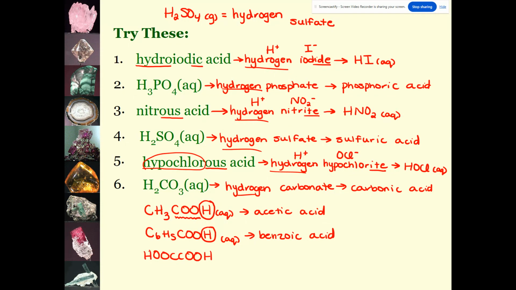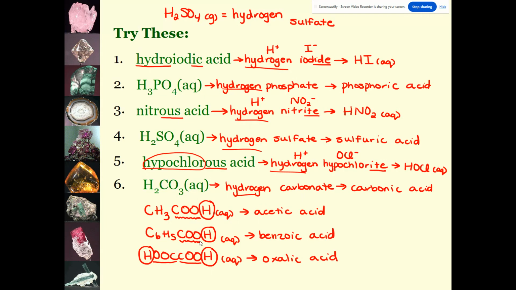One hydrogen goes at the end and the other one goes at the beginning because there's a COO at the beginning and a COO at the end. The H's bond to the O's, and that's why it's written like that. Okay? This is oxalic acid. So those are the organic acids that you'll see in Chem 20. They have, again, this COO in them. That's when the H's are at the end.